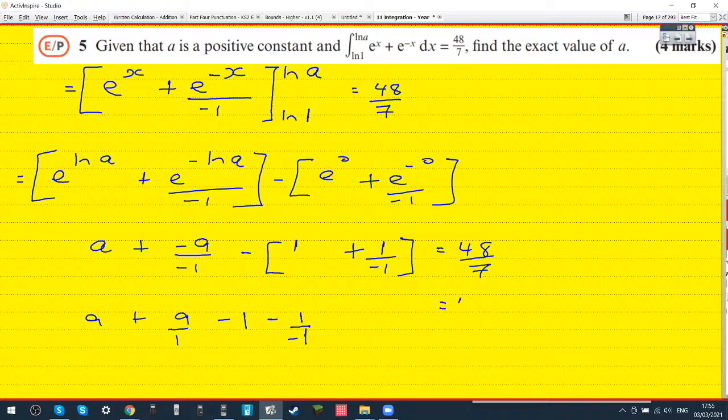So A divided by 1 is just A. So 2A, and then put the other bits on the other side. So 48 over 7 plus 1 over minus 1 is the same.